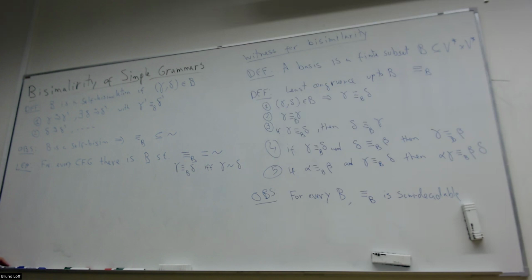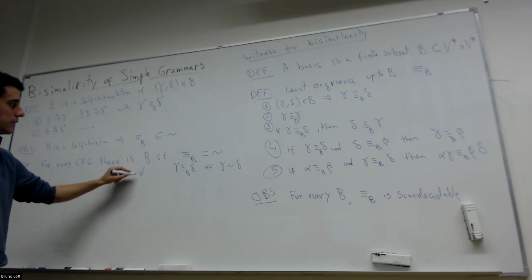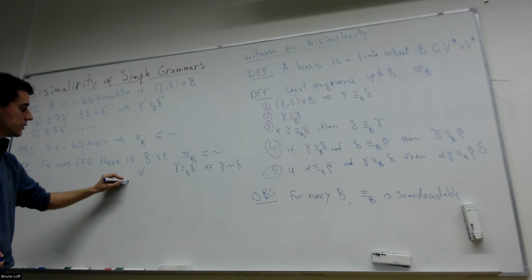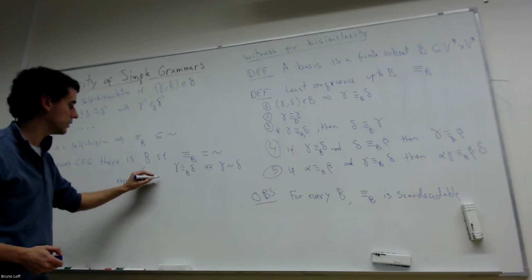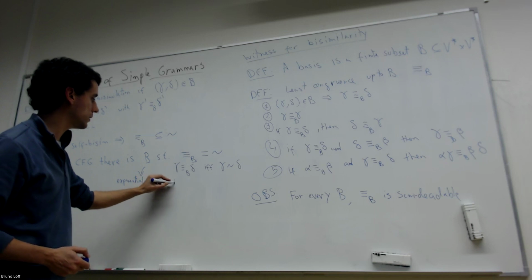Now the problem here is that this proof, this basis, what is the size of this basis? For context-free grammar, this basis is actually exponential. So this B is exponential in the size of the grammar.